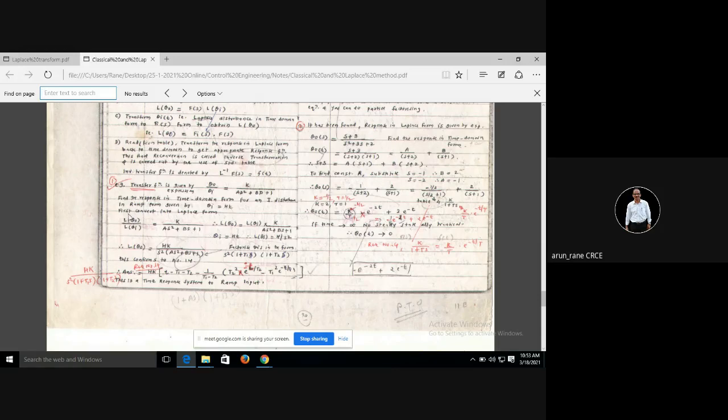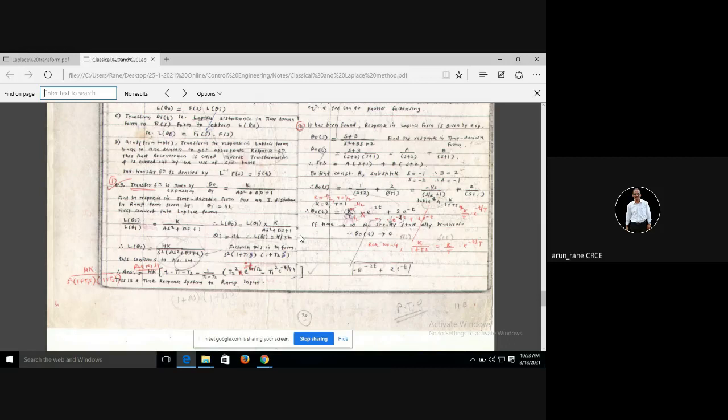Now what will be the Laplace of theta O? I want the output. So that is equal to Laplace of theta I into k upon A s square plus b s plus 1.